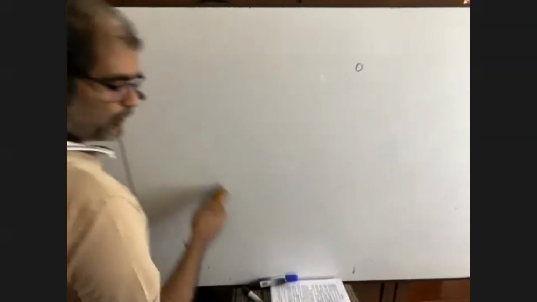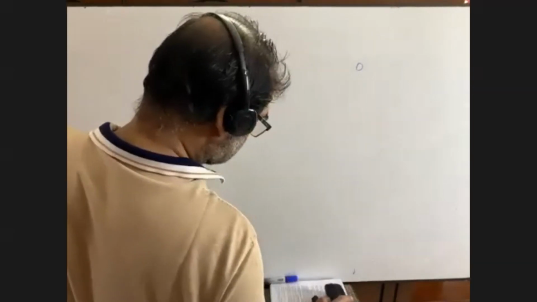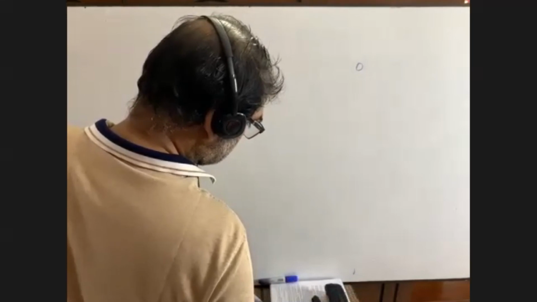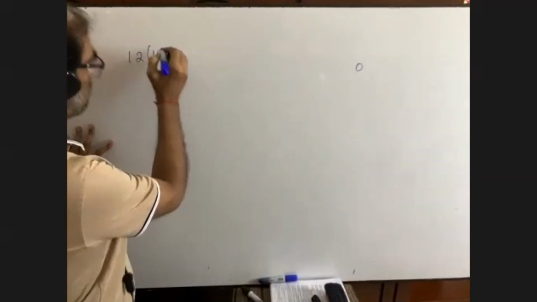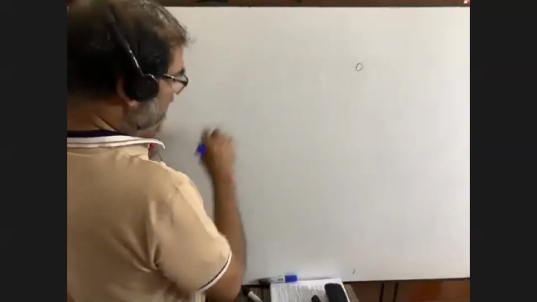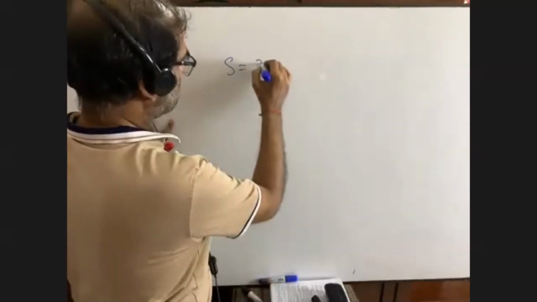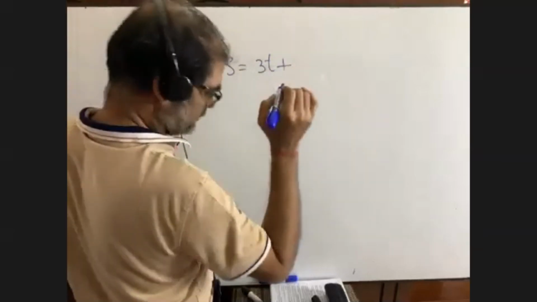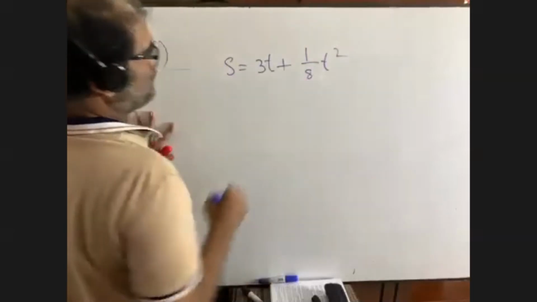I am going to do another math. Suppose it is given, a train moves through a distance. Distance means s equals 3t plus 1 by 8 t square, it is given.